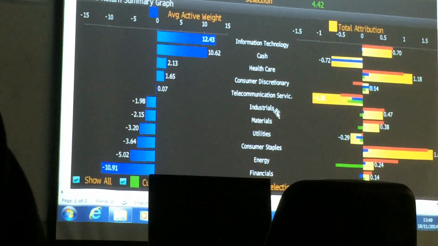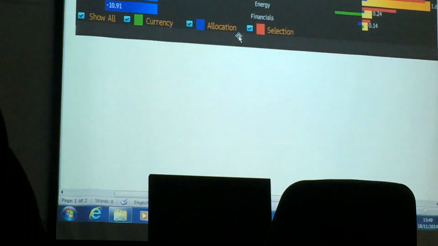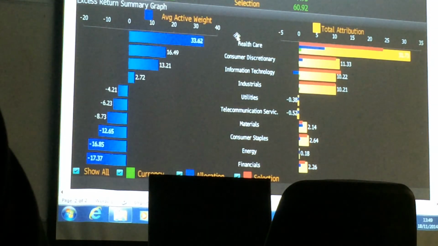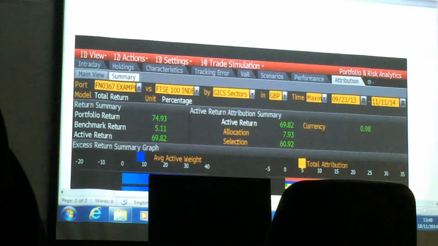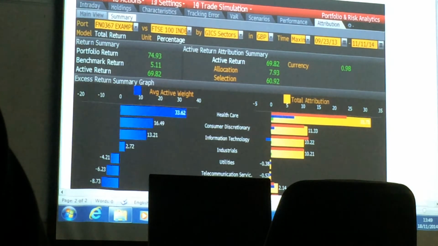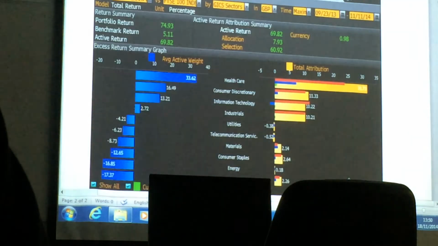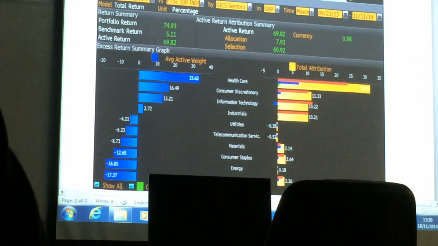I'm also going to show you a limitation of this graph. That being one, thank you. The other limitation is this portfolio. There's one fundamental difference in this portfolio.